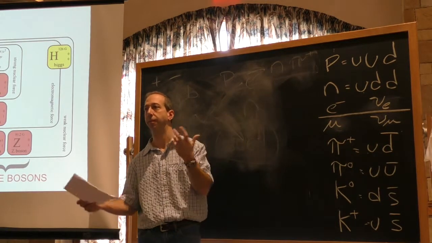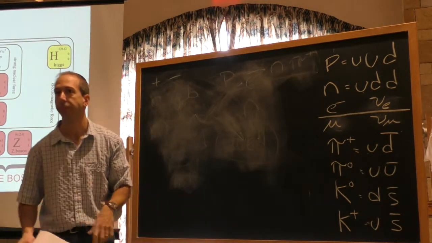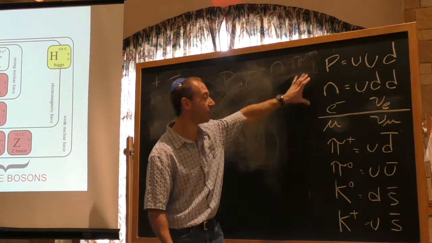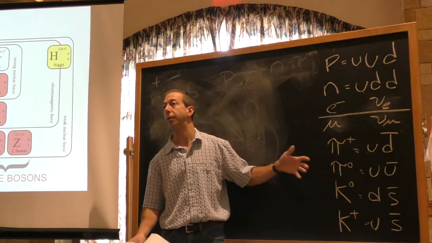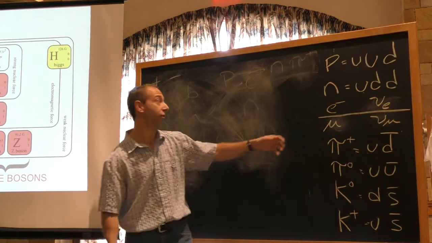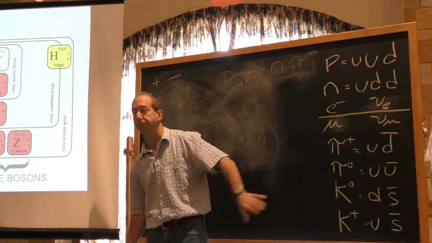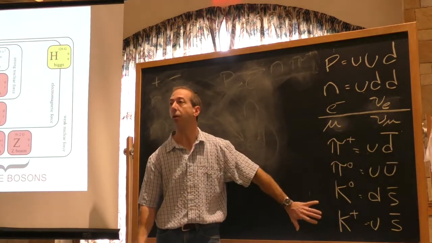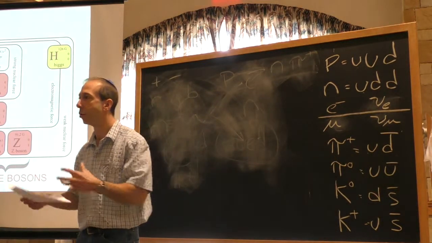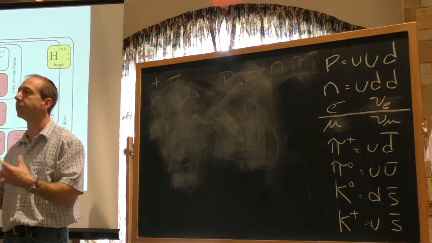Everything you're interacting with, you touch, is made out of this. These other particles are real, but they're not stable. Actually the neutron isn't even stable, it only lives 15 minutes, if it's free.